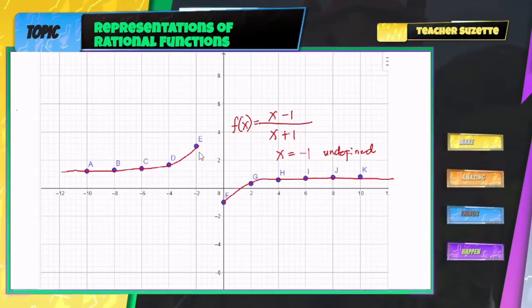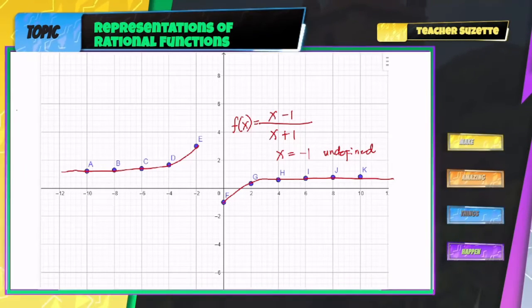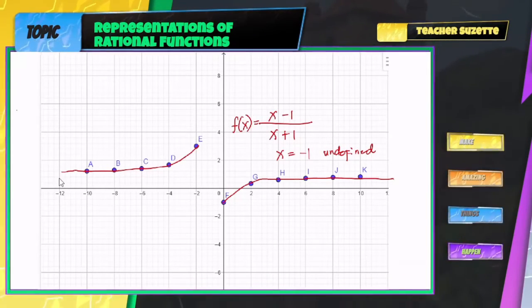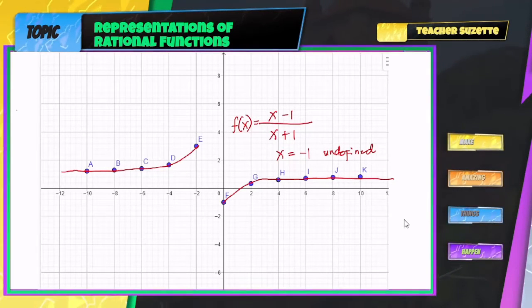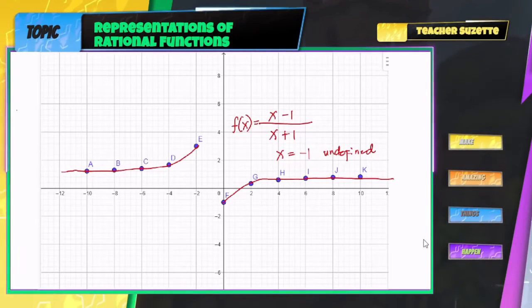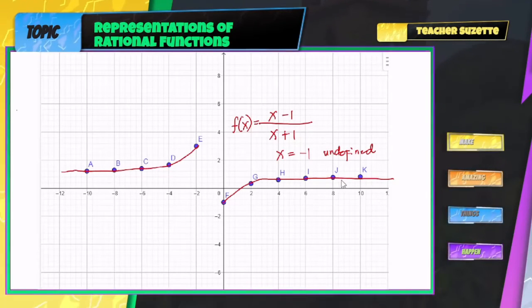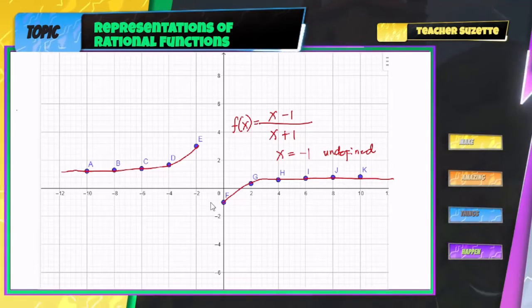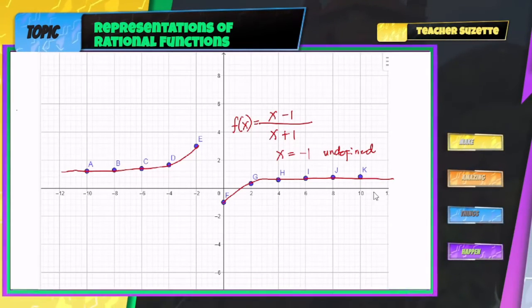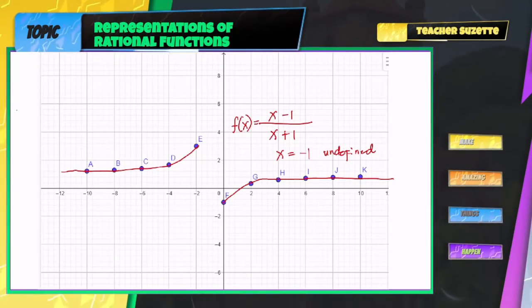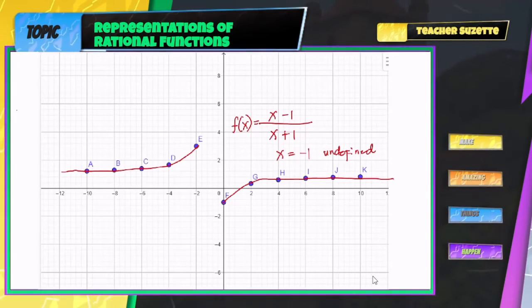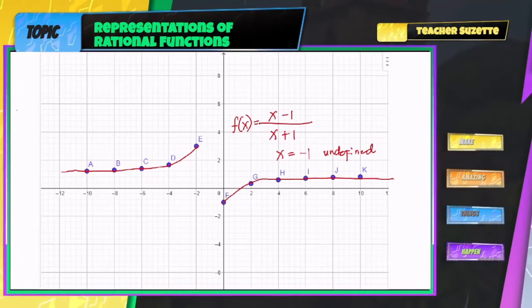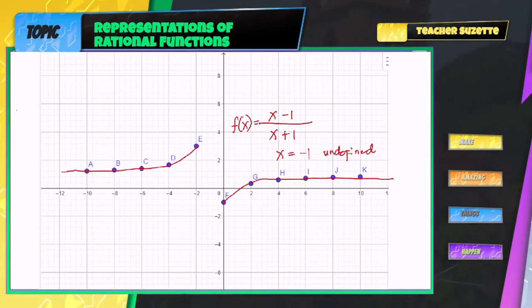Ayan, meron po siyang break from point E to F. We will discuss more elaborately yung ating graph, especially yung form niya, sa ating future lessons. So for the meantime, dito po muna tayo sa ating partial graph wherein we just connect the points and identify yung mga breakpoints or yung mga restriction ng ating graph. So let's have another example.